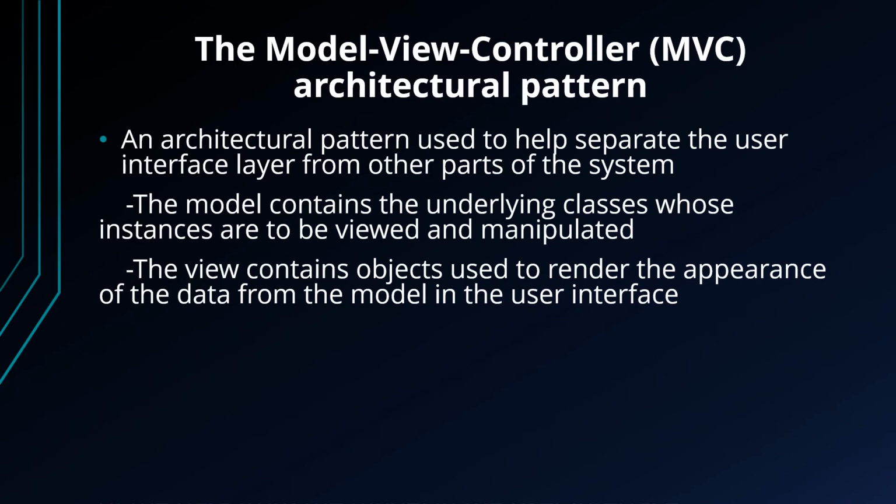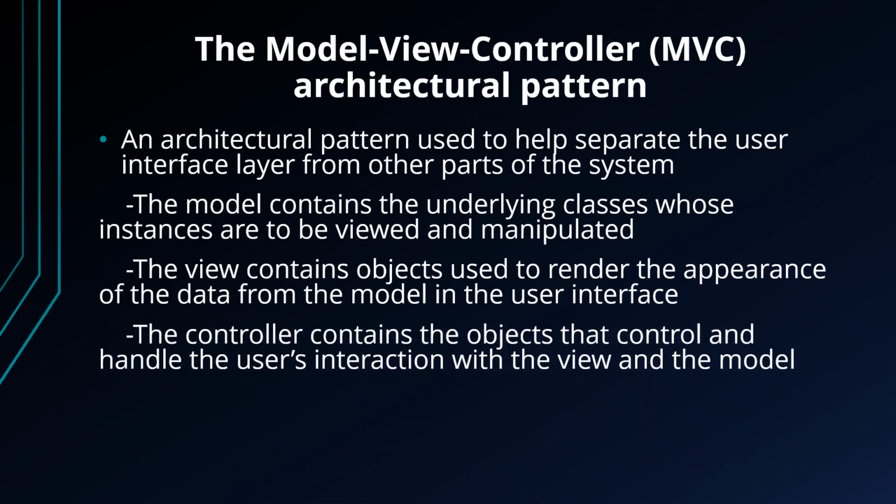The view contains objects used to render the appearance of the data from the model, the user interface. The controller contains the objects that control and handle the user's interaction with the view and the model.